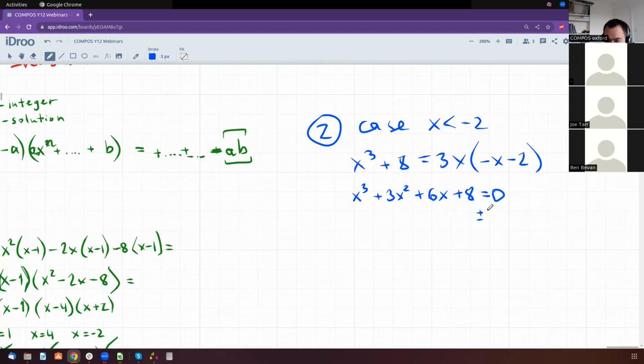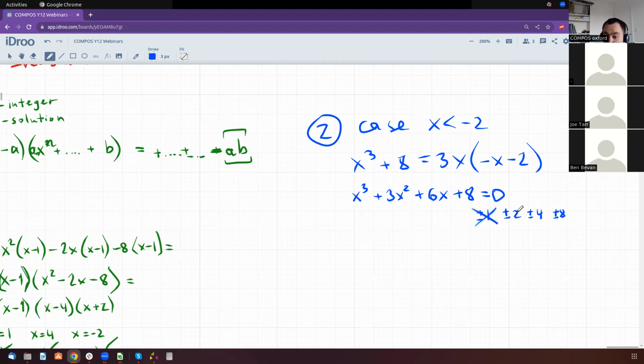So same options, plus or minus 1, 2, 4, 8. Let's have a look. Obviously it's going to be negative. So let's try -1: -1 plus 3 is 2, 2 minus 6, no, that doesn't work.